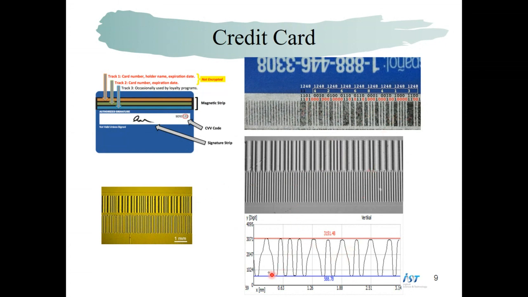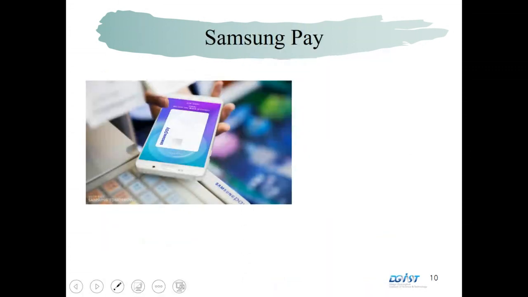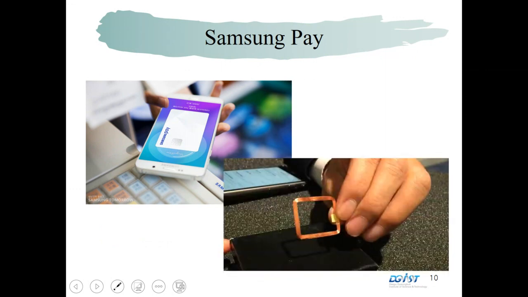And this can be converted to this signal when you read the magnetic strip with the magnetic reader. And also nowadays, many people use Samsung Pay. Inside this smartphone, we have small coils. So they can generate a magnetic field, and the magnetic field sensor reads it.